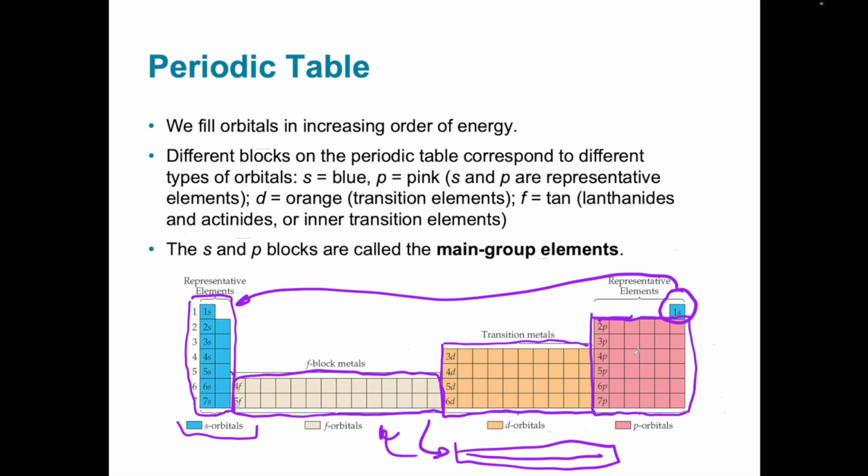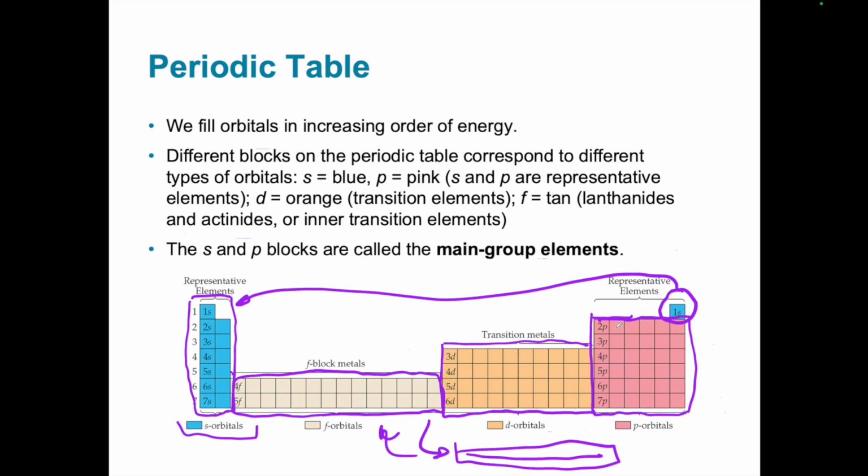Or, that's not the reason why it's in the s block, but the periodic table is organized that way so that it would be easy to figure out what orbitals the valence electrons will be in. So, for example, if we come over here, I think this is oxygen right here.